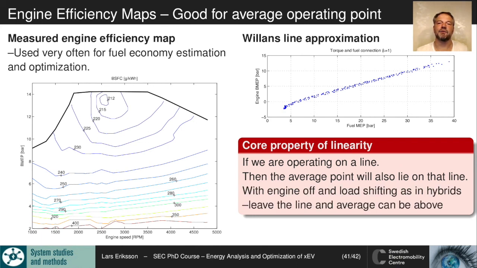But when we come to hybrids, we can, for example, operate the vehicle with the engine off, and then jump up and try to load at this point. This is the most efficient point that we have. And we switch between this point and turning the engine off. Then we are operating on a virtual line, if we can ideally switch between this point and this point.